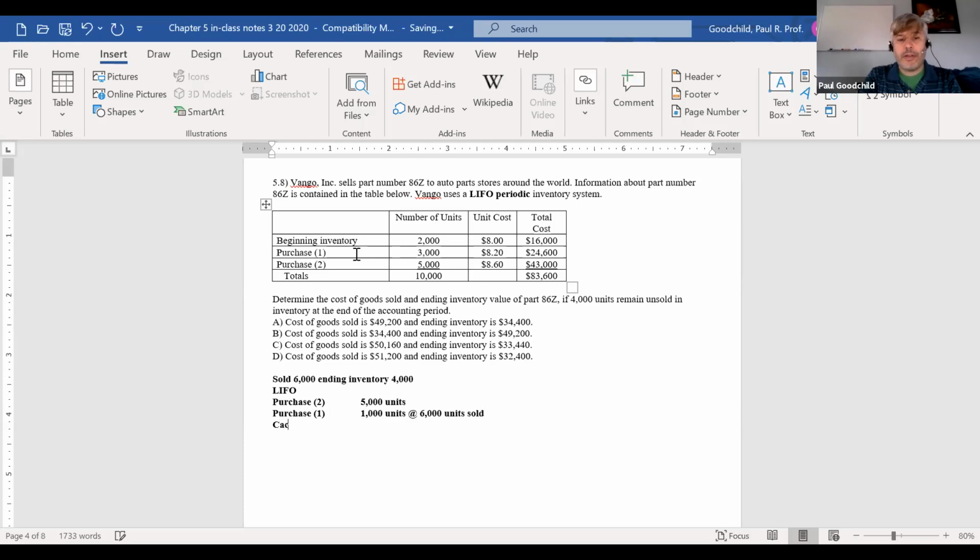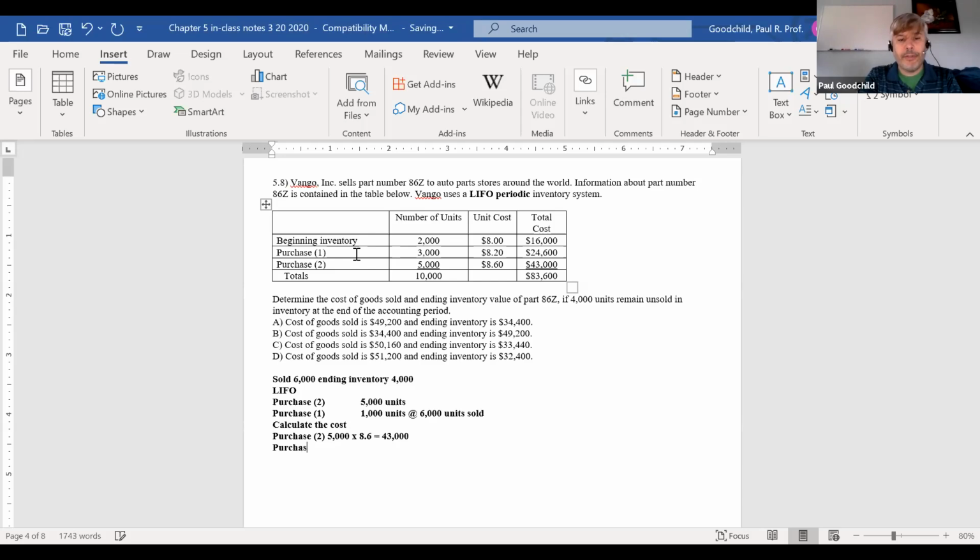Now to calculate the cost, take our purchase 2 batch. And again, you don't have to do this because it's all added up there and we use the total, but just to draw it out, 5,000 times 8.6 gives us 43,000.